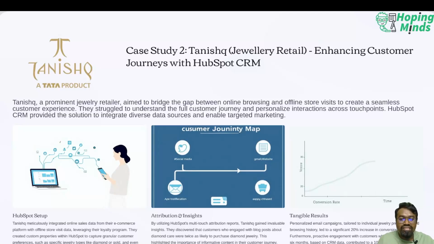Now they have customized their CRM, making sure that if someone is interacting with them online, they are giving some offline coupons so that they visit the website and encash that particular coupon by purchasing some of the jewelry.